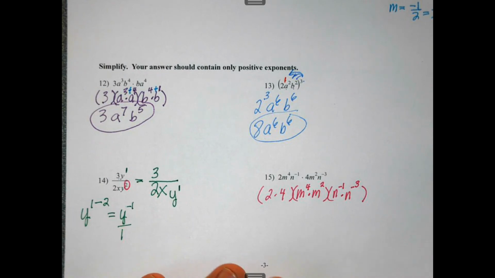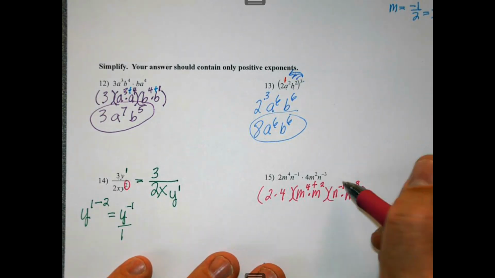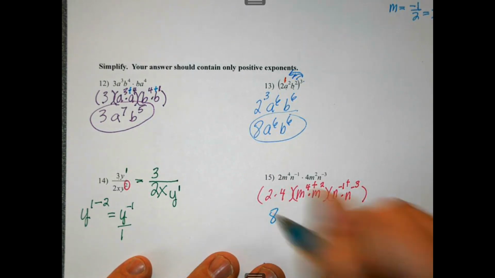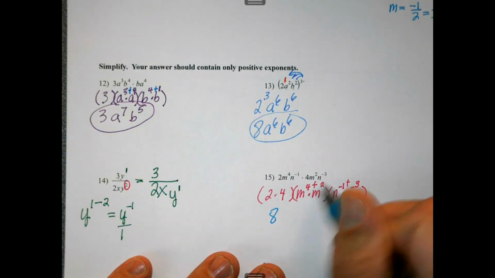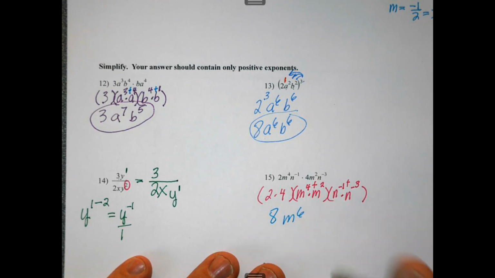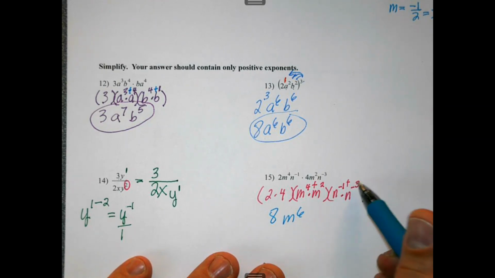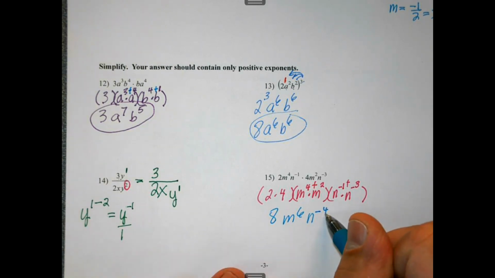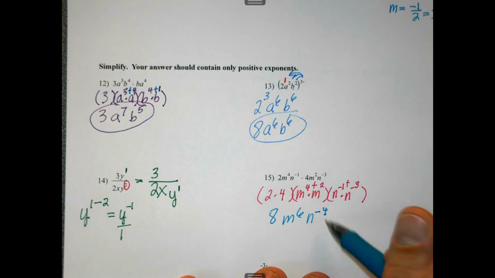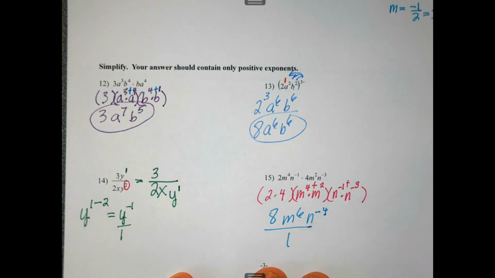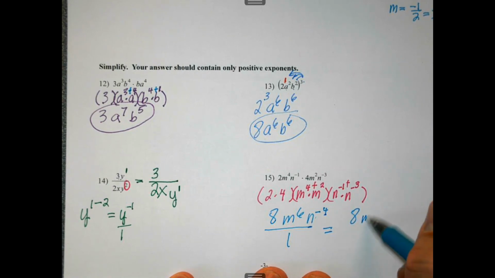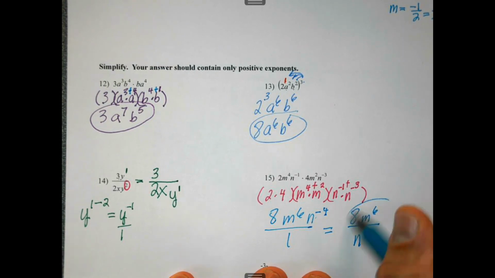Now I add the exponents, right? 2 times 4 is 8, m to the 4 plus 2, 6, n to the negative 1 plus negative 3 is n to the negative 4. I can never leave my answer in a negative exponent, so I'm going to put it over 1 and then move that n to the negative 4 to the bottom and make it positive.